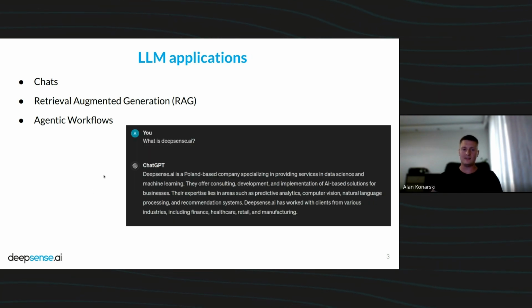On the slide, you can see an example of a chat, exactly ChatGPT, where I asked a question about my company. It responded correctly that deepsense.ai is a Poland-based company specializing in data science and machine learning, which is true.